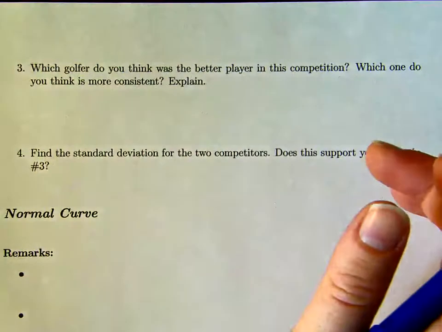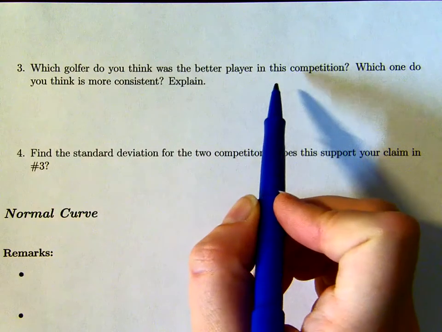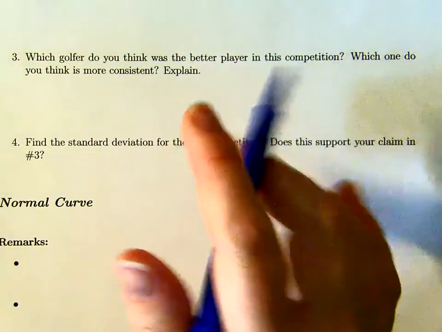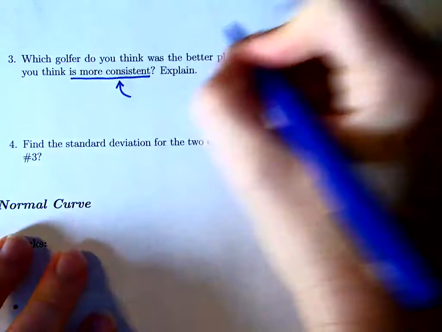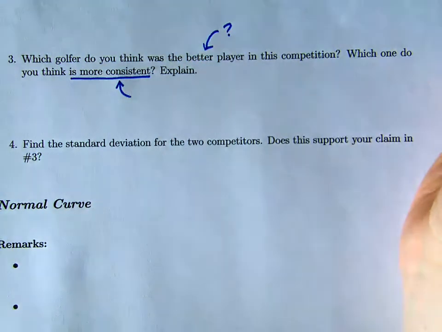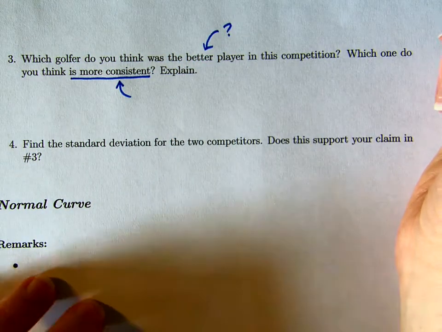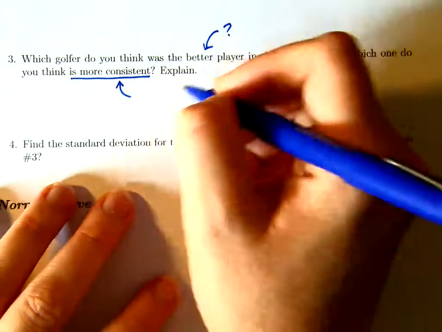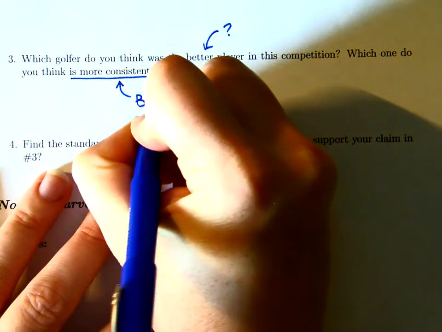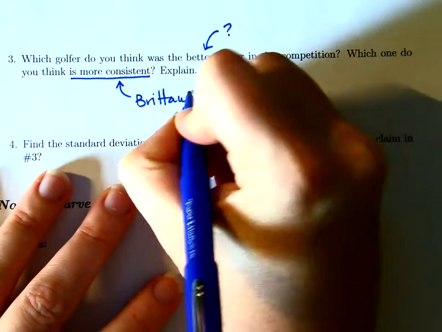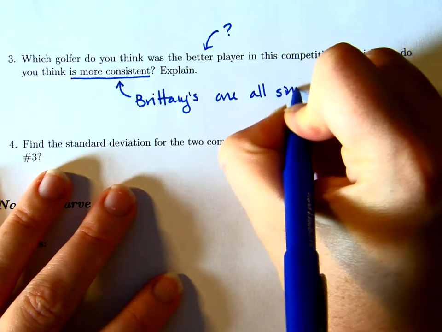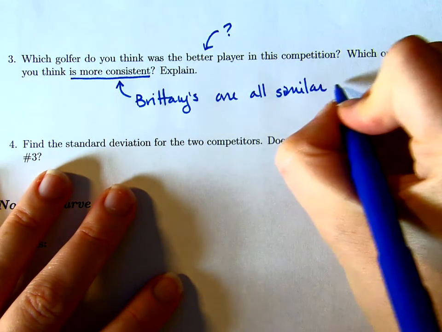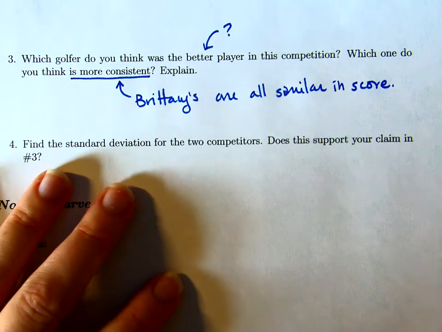Now, in terms of who's the better player, I don't know that I can say who's better, but I certainly have a measure for this. Okay, so better, I don't know, whoever won probably had the lowest total overall, but more consistent, I would say that Brittany's are all similar in score for each round.